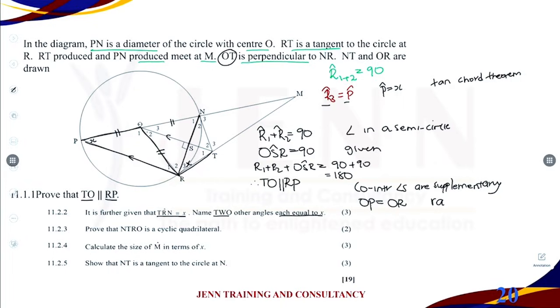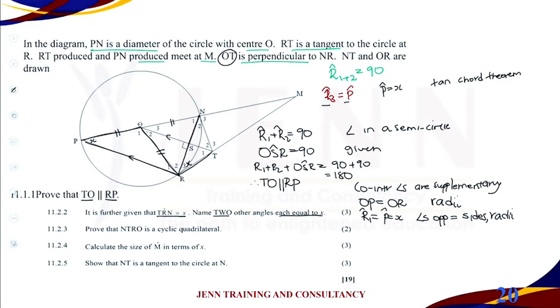These are your radii. Therefore, angle R1 will be equal to angle P, and the reason for that is angles opposite equal sides. So angle R1 will definitely be equal to X. So these are the two angles that are also equal to X. Thank you. And then 11.2.3.